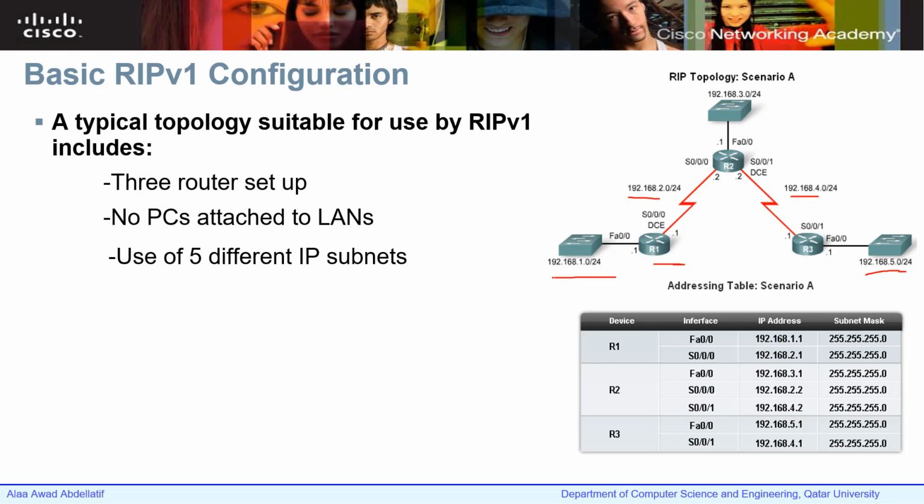So it's easy to implement RIP in this case. The class is already known, class C, and all IP addresses can be easily handled with RIP. For example, here we have three routers and five different IP addresses. So we can easily consider RIP in this scenario because all IPs are classful and RIP supports classful updates. So it's fine. I will not have any problem implementing such a topology.